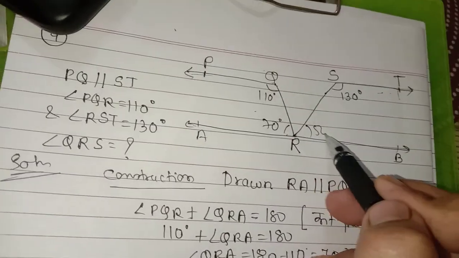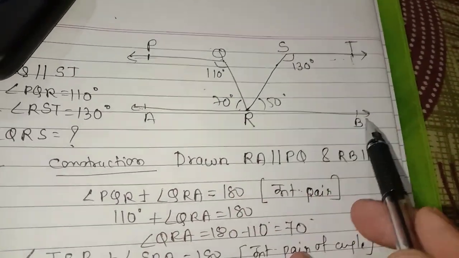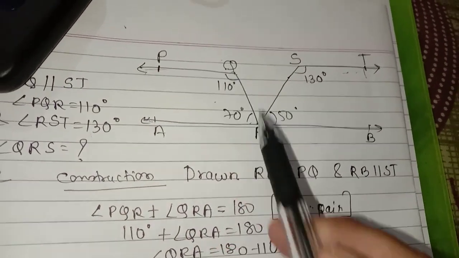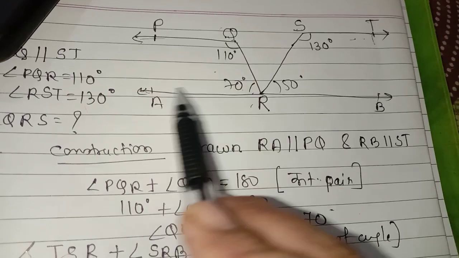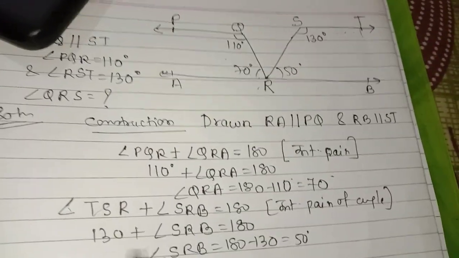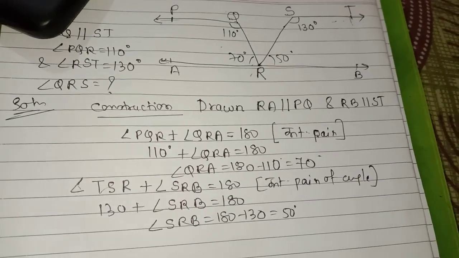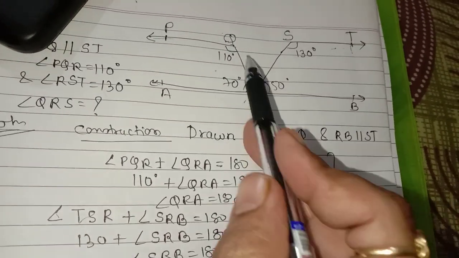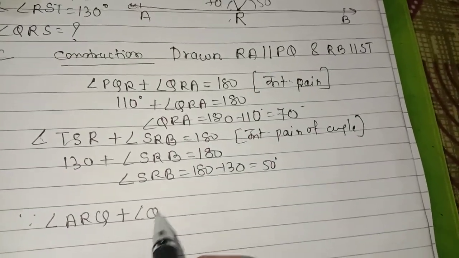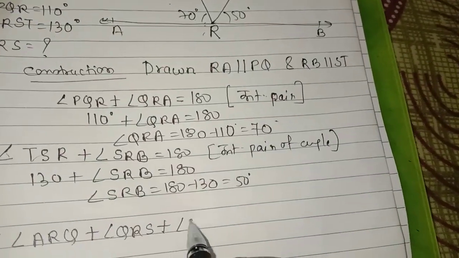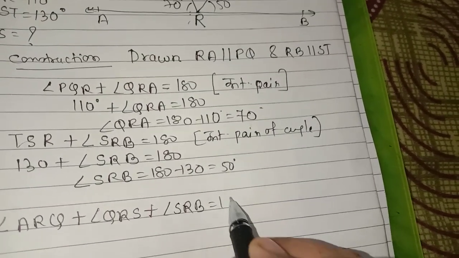Now, if you observe this figure very closely, what will you find? You'll find that ARQ, QRS and SRB are lying on the same line. So they are making what? A linear pair of angles. So we'll write, since angle ARQ plus angle QRS plus angle SRB is equal to 180.